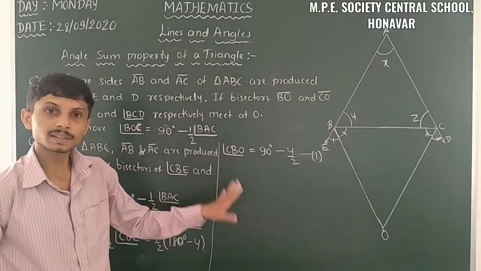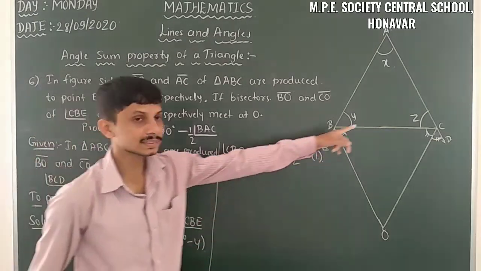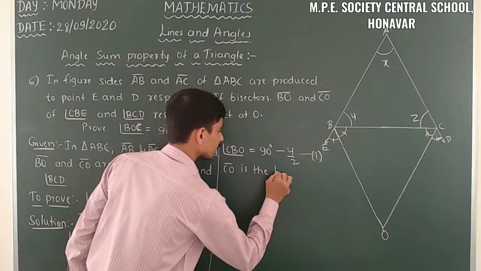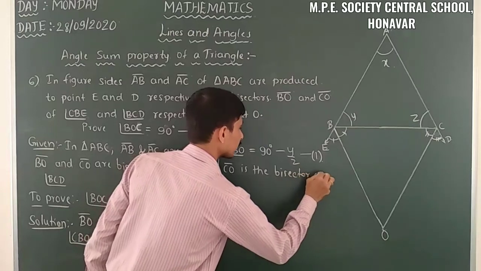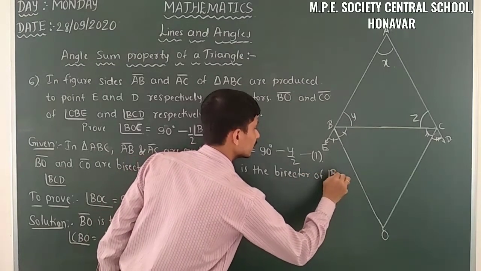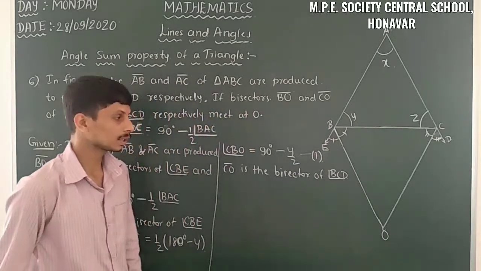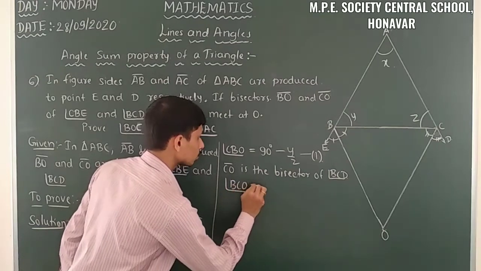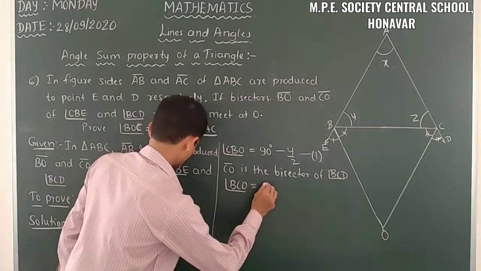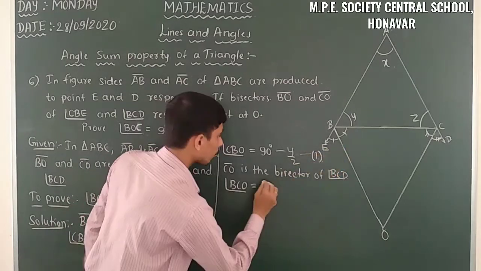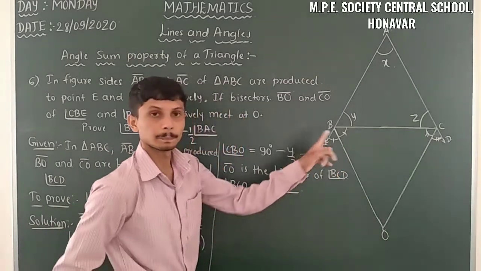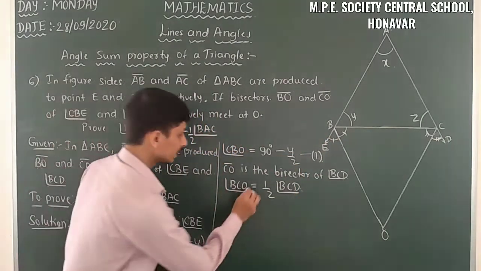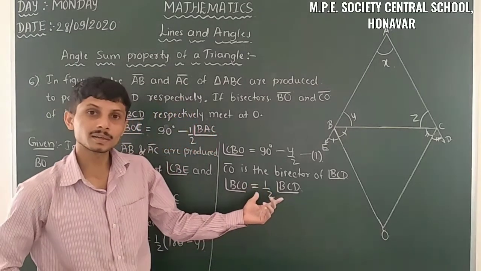Then similarly, we have to take CO as the bisector. CO is the bisector of angle BCD. Then angle BCO is equal to half of angle BCD. Then how can we write BCD here?